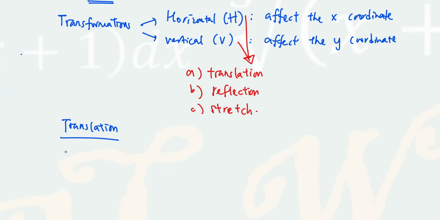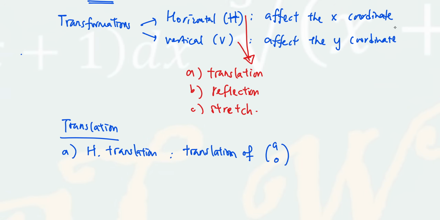So for translation, basically for the horizontal translation, that is referring to the translation of, let's say, A and 0, because for the horizontal translation, it will just affect the x coordinate.